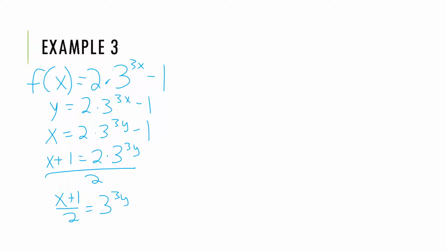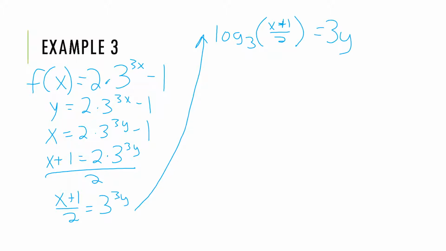And right now, this is written as an exponential function. We are going to change it into a logarithmic function by taking the log with base 3 of x plus 1 divided by 2, and that's going to equal 3y. Then we're going to divide the entire thing by 3, and another way to do this would be to multiply by 1/3, which is what we're going to do because it looks a little cleaner.